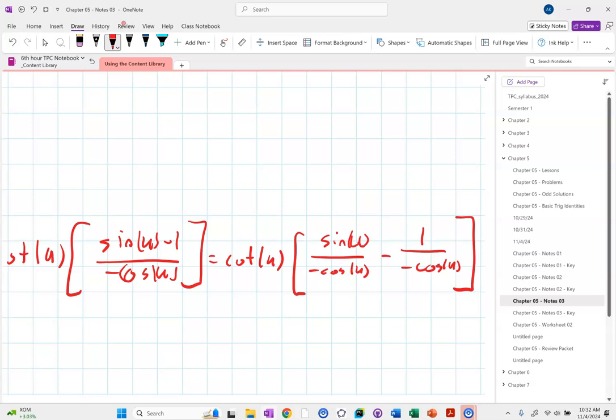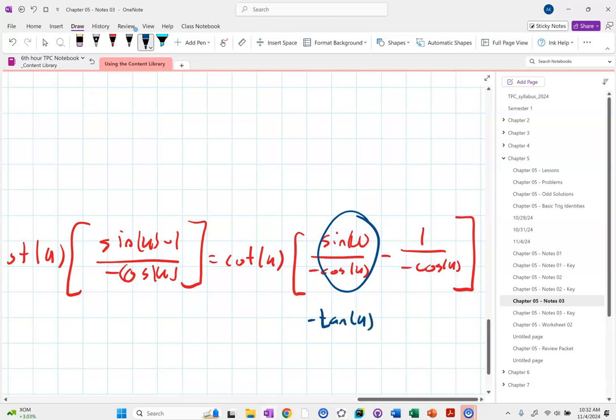What's sine over cosine? What's sine over negative cosine then? Negative tangent. What's 1 over cosine? Secant. What's 1 over negative cosine? Negative secant.